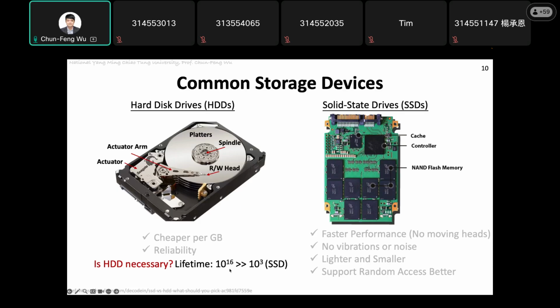And there is one very obvious challenge for an SSD: if you put an SSD away for more than 3 or 5 years and you don't touch it, the data stored on the SSD has a very high probability of getting damaged or lost. This is because of the architecture and manufacturing of the SSD, and you will know why later on when we take a deep dive into the SSD operation part.